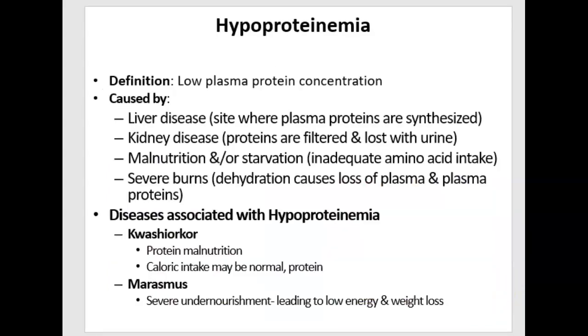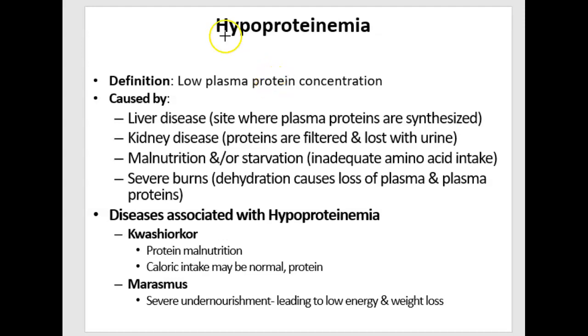Now, how do we prevent edema? How do we prevent fluid loss? Well, it's by having plasma proteins. So the osmolarity of the blood will attract the water, and so the water will stay in the blood.